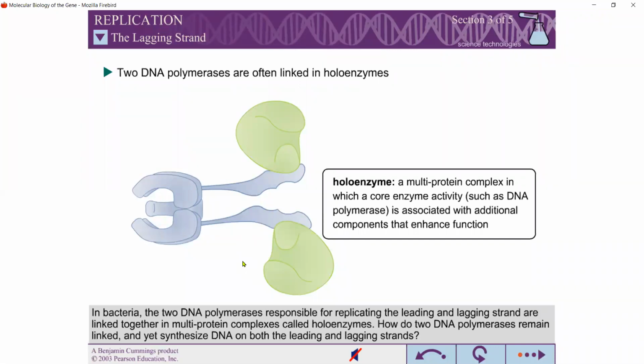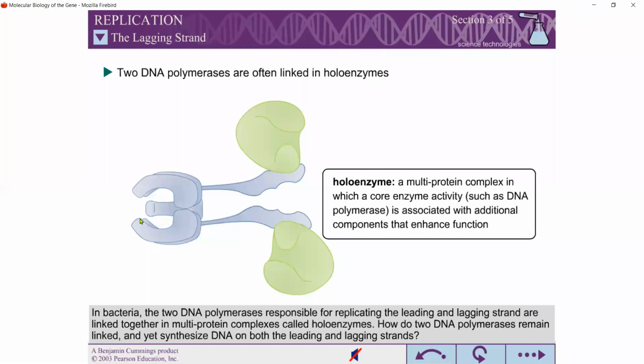This is the gamma loader complex, and this is the tau protein. The tau protein is holding the two polymerases to the gamma loader complex. Why is this known as the clamp loader or the gamma loader complex? Because initially the sliding clamp protein binds here and is then loaded to the polymerase, either here or here.